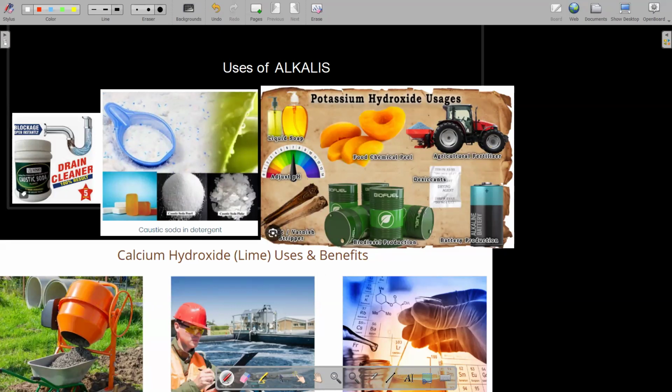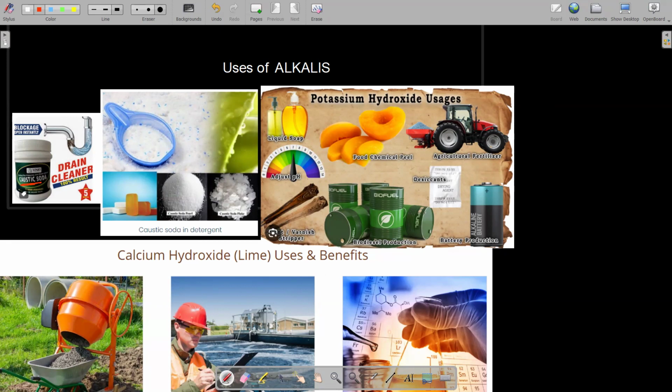Let's look at a few alkalis and their uses. We have sodium hydroxide. It is called caustic soda. Where is it used? It's used in oven cleaners, degreasing agents, in making soap and paper, and other industrial uses.